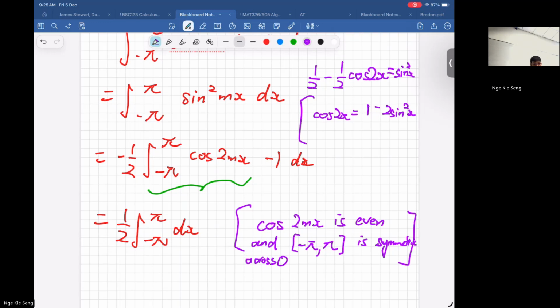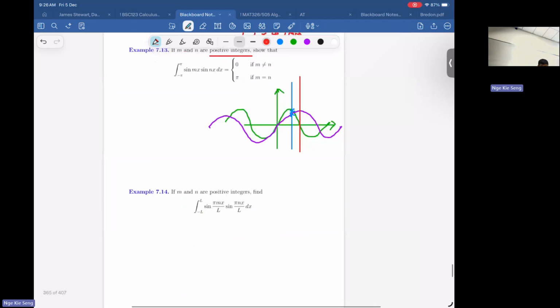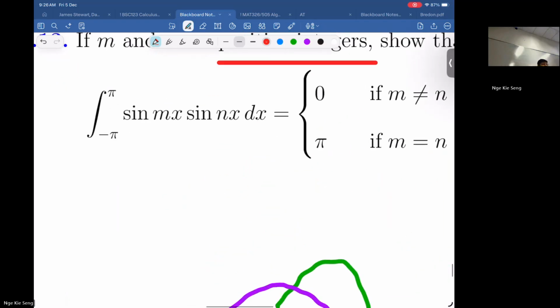So what's the last integral here? This is just half of x from minus pi to pi. So what do you get? 2 pi over 2, which is pi. Now can you see how this answer comes about?